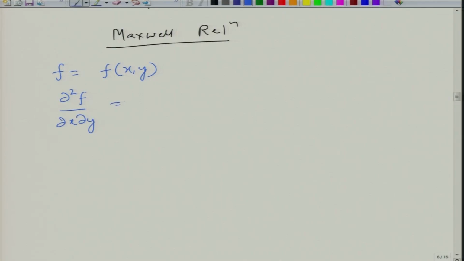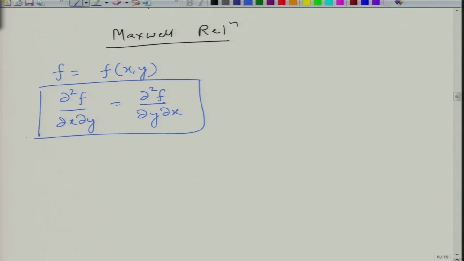it is based on the fact that the order of differentiation is unimportant, in the way we are saying the following. Maxwell's relation will be developed based on this simple equality of these terms.